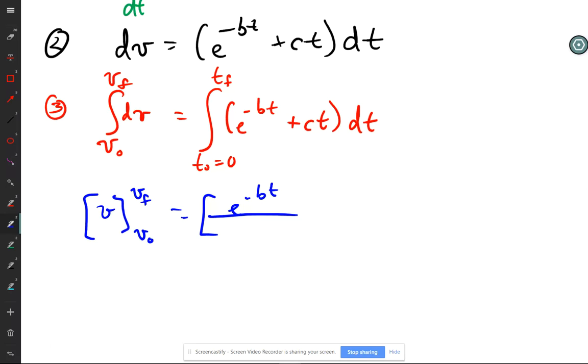The exponent derivative is minus b. And then integral of ct is ct squared over 2. Remember in that first homework assignment, I made you show ct to the 1 plus 1 divided by 1 plus 1 to make sure you know how those steps work. Now I see, okay, they know how it works. It's ridiculous to show that.